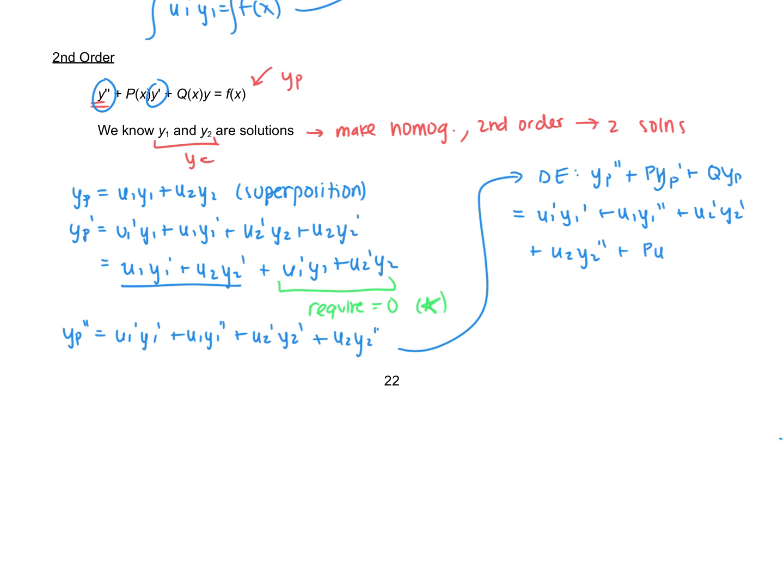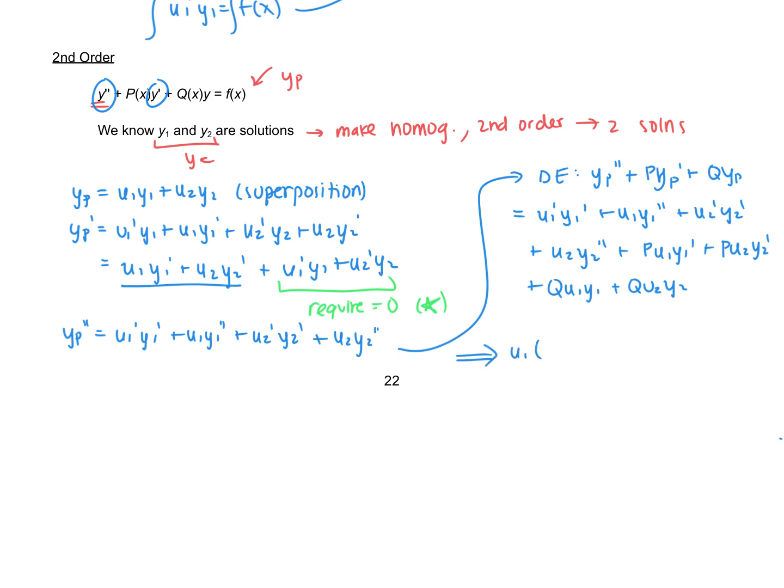Then I have p times u1 y1 prime, and p times u2 y2 prime. And then I have q times u1 y1, and q times u2 y2. Whew, okay, whole lot going on here. What you can probably recognize is that we're going to have to do a little bit of factoring.